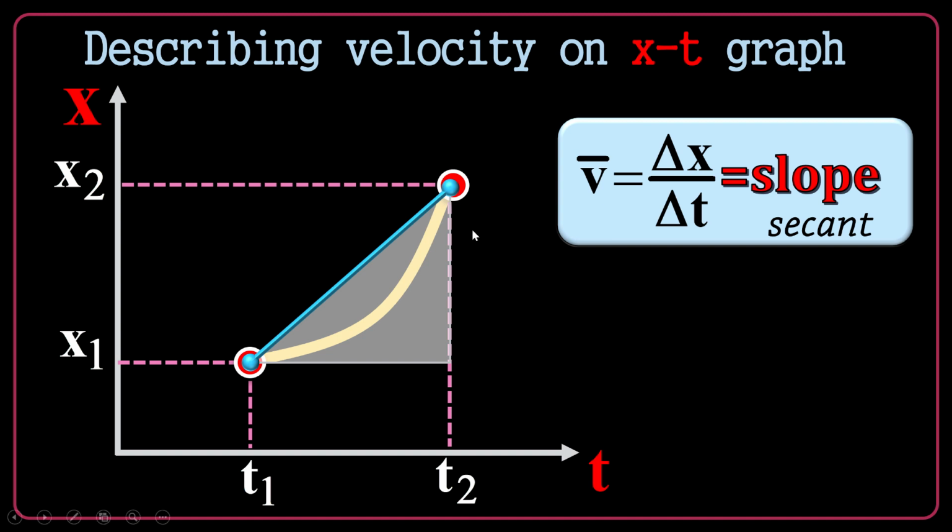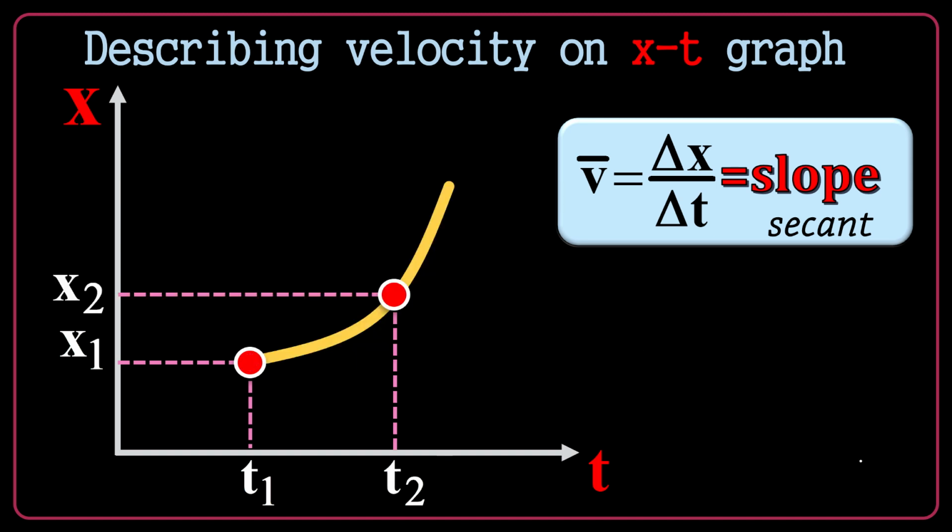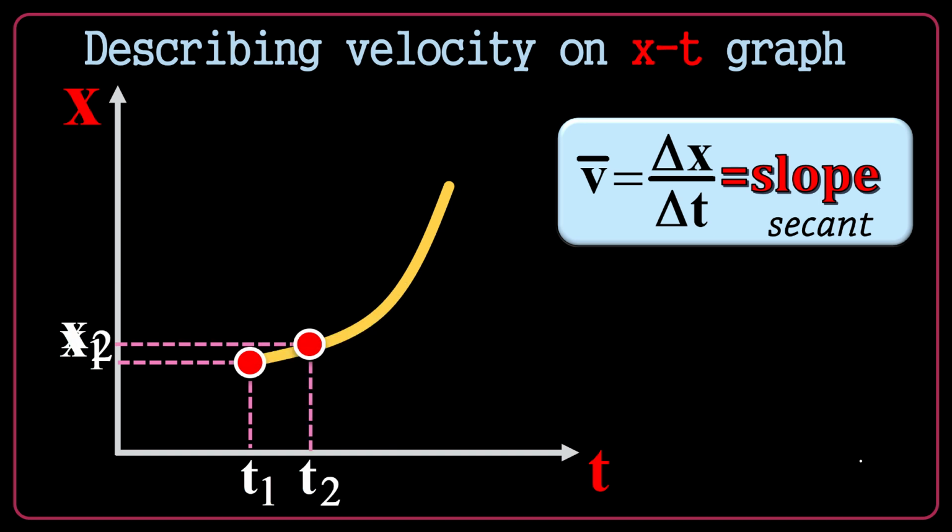What about the instantaneous velocity? Instantaneous velocity is average velocity when delta t tends to 0. So t2 must be very close to t1. What should I do? I should take t2 closer to t1. No, it's not good. Let's take it closer. I think it's better.